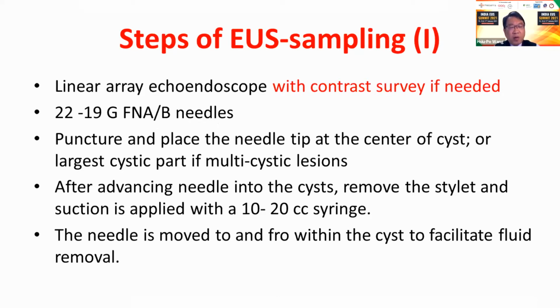After the puncture through the wall, place the tip at the center of the cyst, or the largest cyst part if the pancreatic tumor has multiple cyst components. After advancing the needle into the cyst, remove the stylet and suction is applied with a 10 to 20 cc syringe. The needle is moved to and fro within the cyst to facilitate the fluid removal.